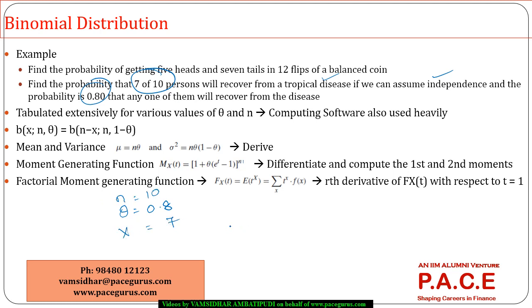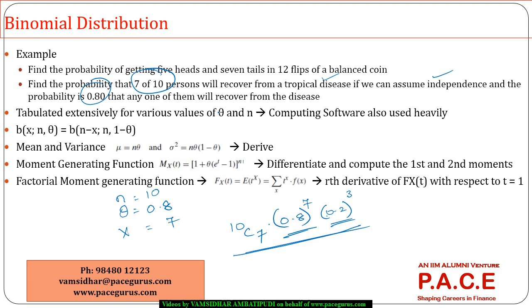So you can very well apply your formula. 10C7, 0.8 to the power x, 7 people recovering, right? 7 out of 10 persons recovering. So it becomes 0.8 to the power 7, 1 minus 0.8, which is 0.2, to the power 3. So 3 of them failing, 7 of them succeeding. So overall this gives me the probability of getting 7 successes in 10 different trials that are performed.